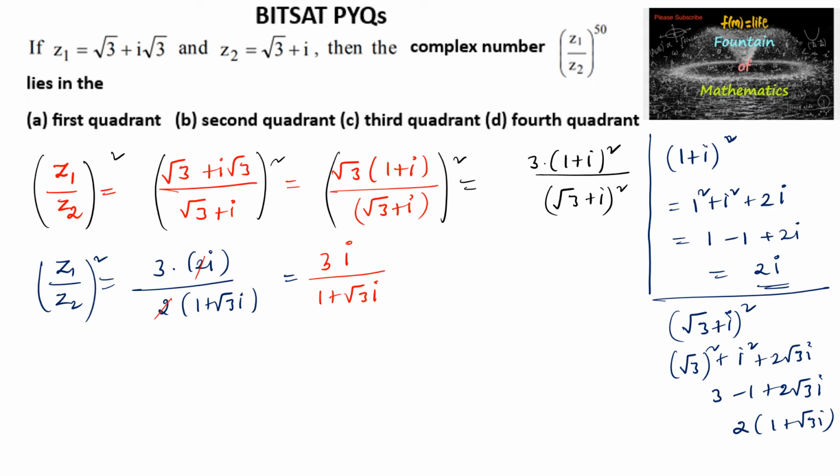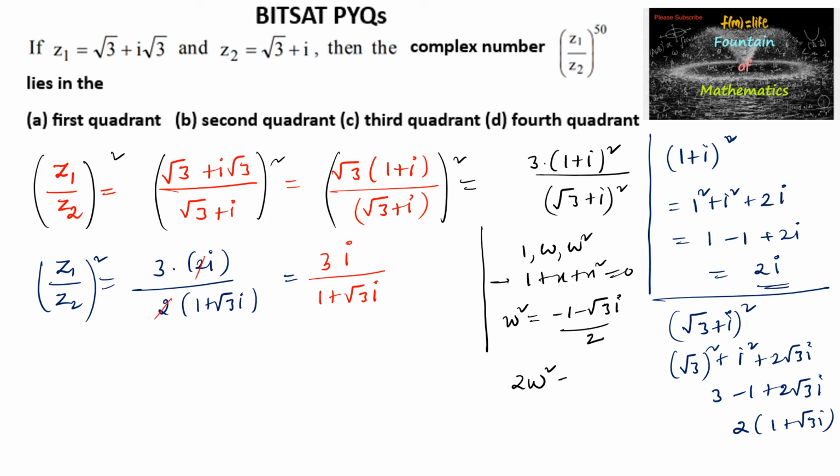And we also know the cube roots of unity 1, omega, omega square, for the equation 1 plus x plus x square is equal to 0, where omega square is equal to minus 1 minus root 3i divided by 2. So here we can write 2 omega square is equal to minus 1 minus root 3i, or minus 2 omega square is equal to 1 plus root 3i.